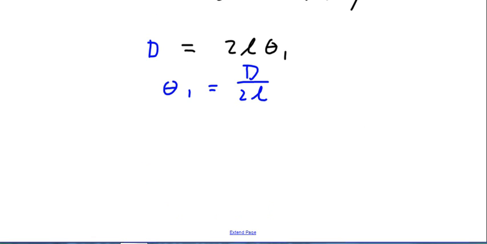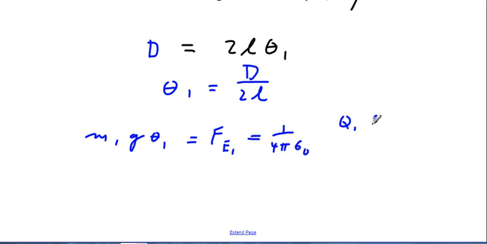And then we're going to put that back into our equation, and we say, well, M1G theta 1 is going to be the force caused by the charges, 1 over 4 pi epsilon naught Q1 Q2 divided by D squared.